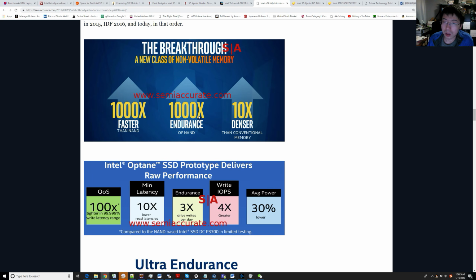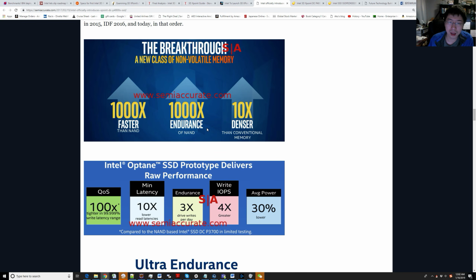1,000 times endurance. Endurance is in how many times a cell can be written to. So for an SSD, a single level cell is about 1,000 times. So if you write it 1,000 times, it goes bust. There's a physical wear whenever you write to it, because you have to push in electrons, and the movement of electrons itself messes it up.